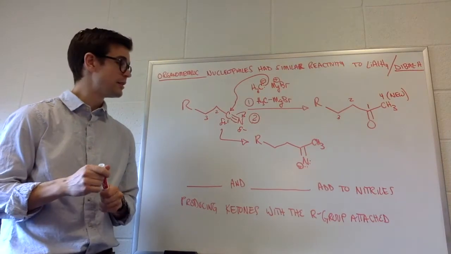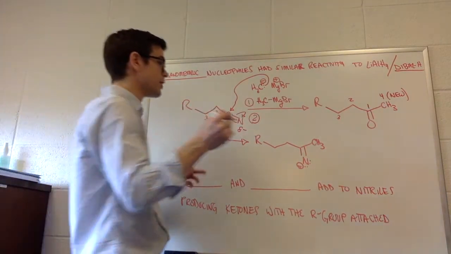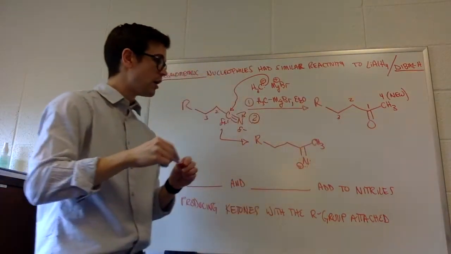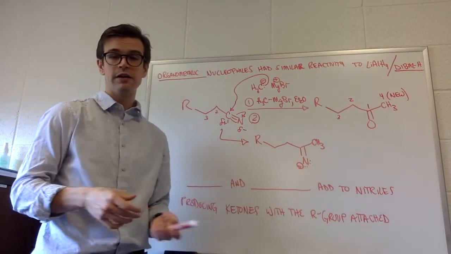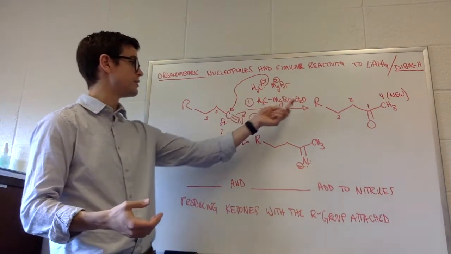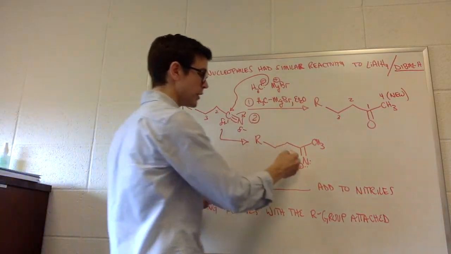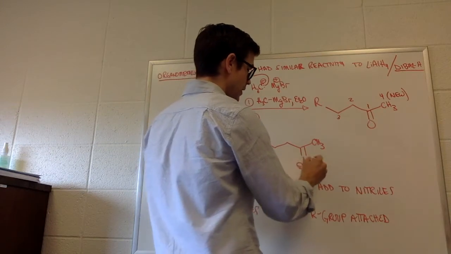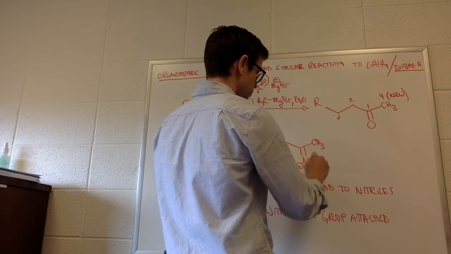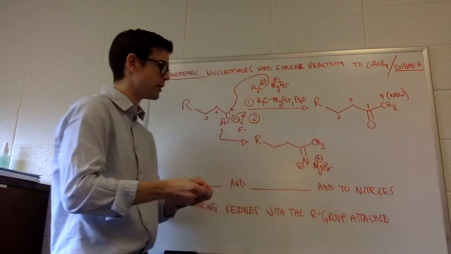This is a Grignard reagent, so we have to use aprotic solvents, something like diethyl ether. This imine, in aqueous conditions, would hydrolyze to the ketone, but it can't do that under these conditions because there's no water around. Also, we have this N minus, which has an MgBr plus counter ion close by.